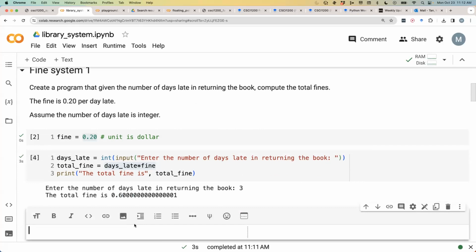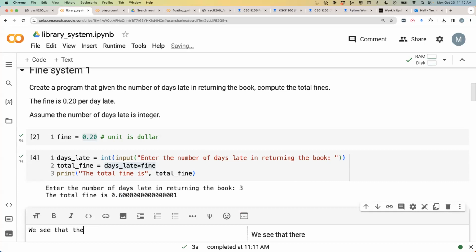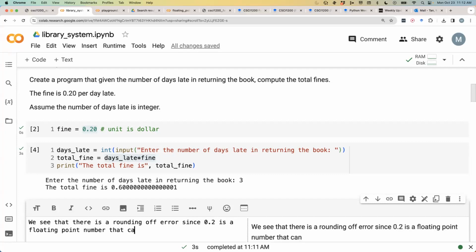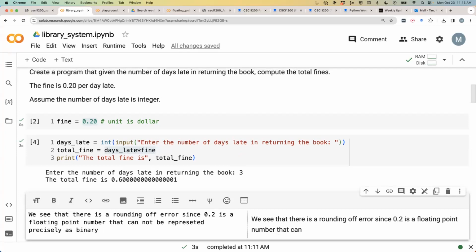Okay, so we see that there is a rounding error, since 0.2 is a floating point number that cannot be represented precisely as a binary representation.